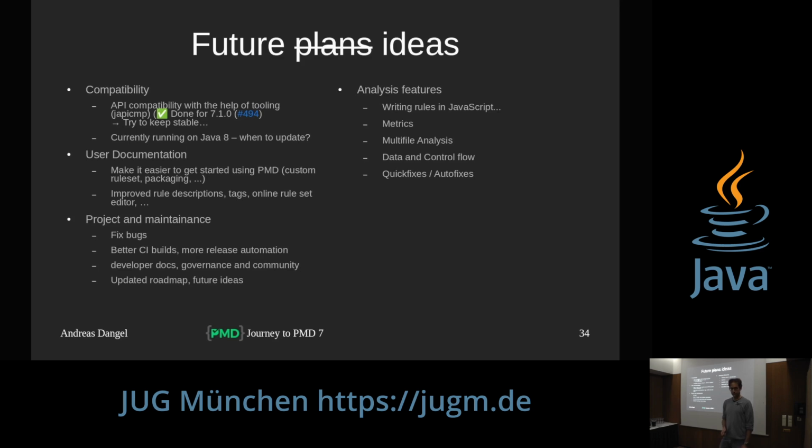Similar to data flow and control flow. In Java, there are two rules that use some data flow capabilities, but this is only for the Java module. It would be nice if we could describe some API that could be used in other language modules, to have some guidance on how to implement this.